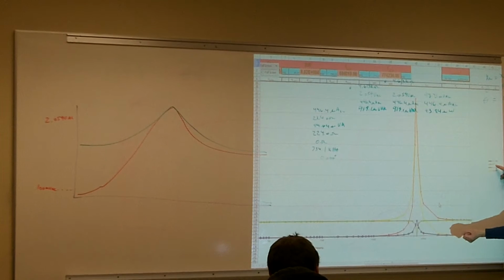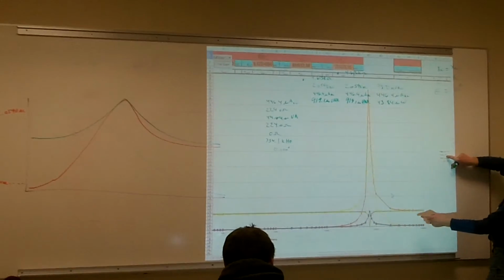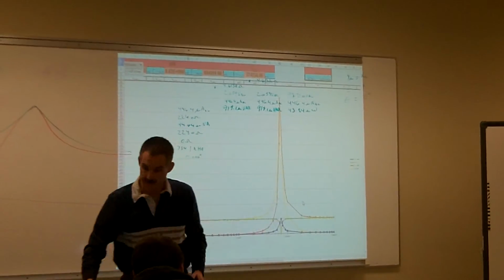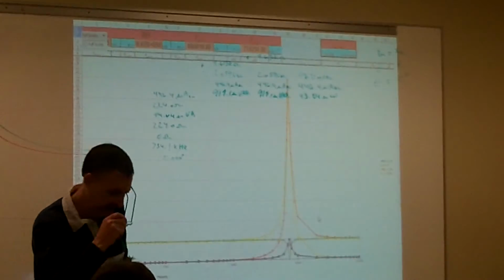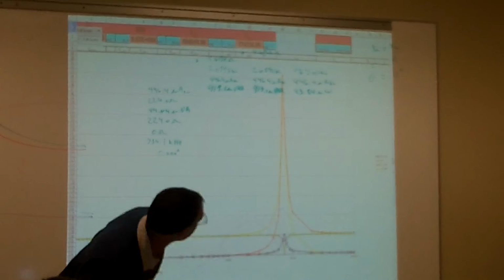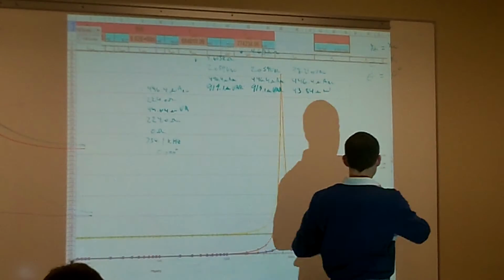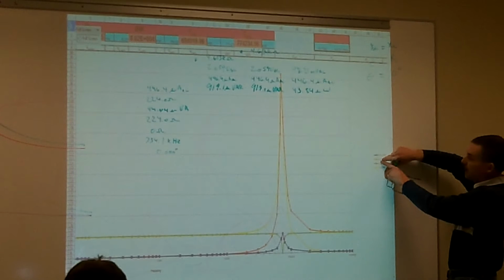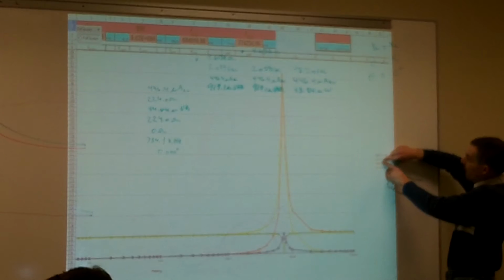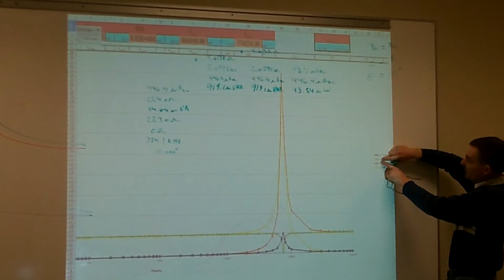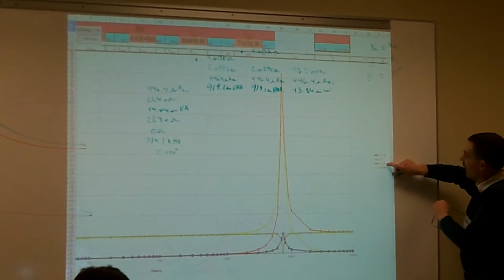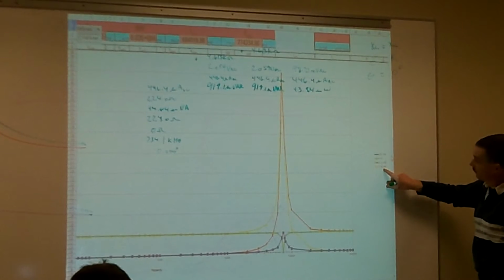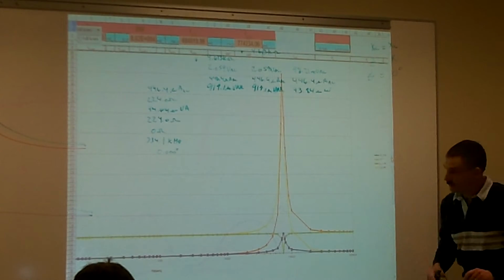The green one is my total voltage of my inductance, so it's the combination of both VC and VL. Then I have my VL, which is my orange, and my VC, which is my yellow.